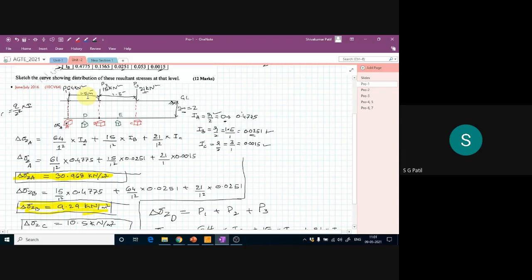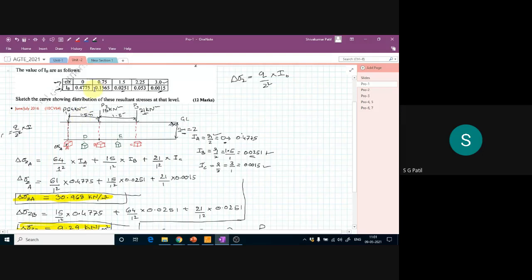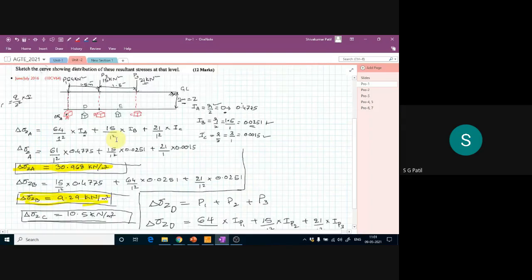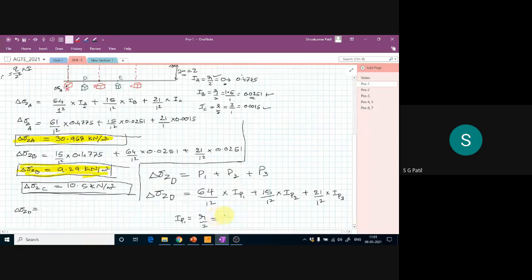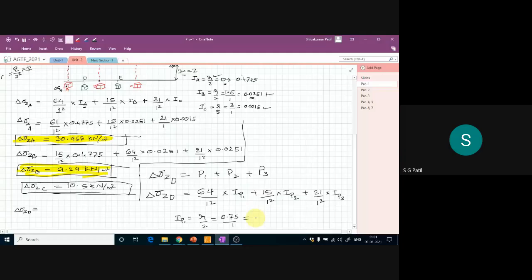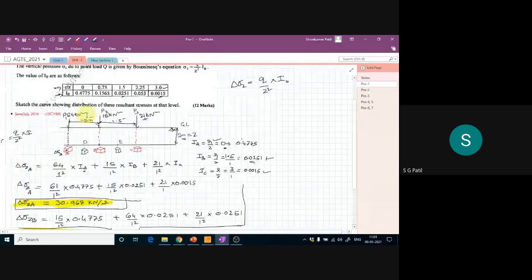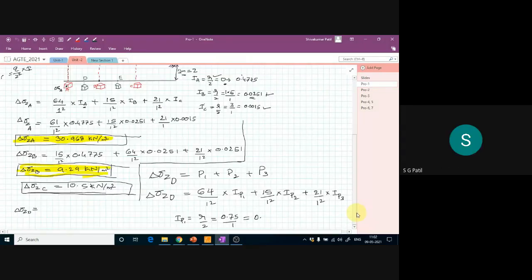IP1 depends on R by Z. What is R by Z for point D due to P1? At least this you should tell me. Z is 1, R is 1.5 by 2, so 0.75.